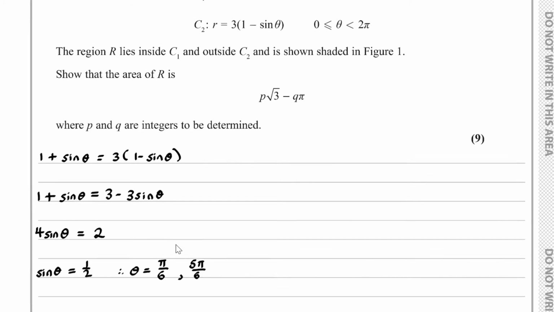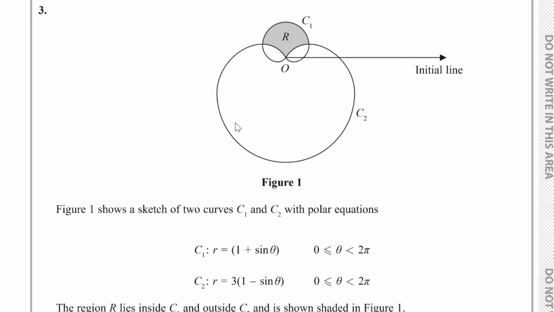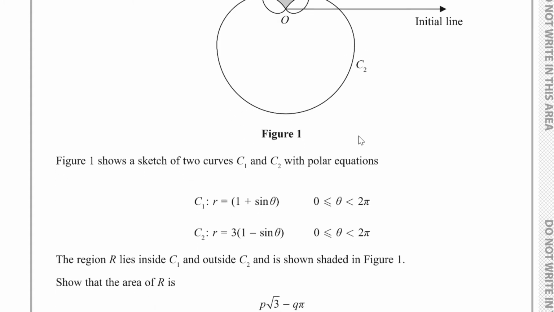So the area we want is the difference between the area in C1 and the area in C2.